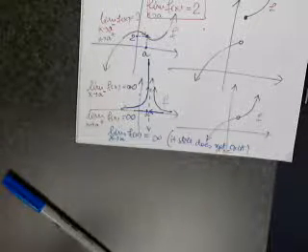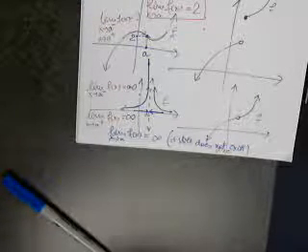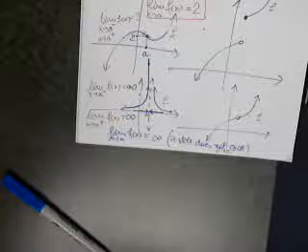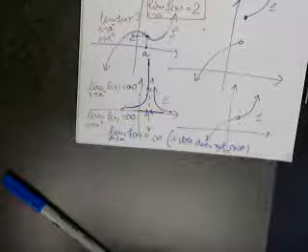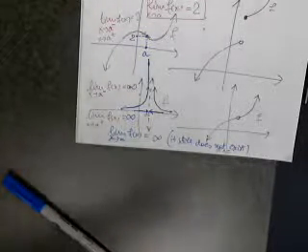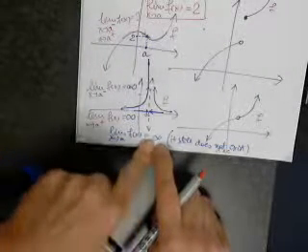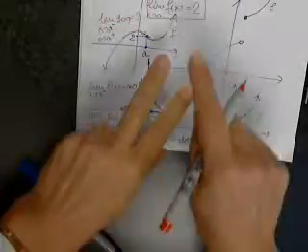What will I have for this situation? From your left to negative infinity, from your right to infinity, but from either side, I cannot write infinity, I cannot write negative infinity, I have to write D and E. This is the only situation in which I write D and E. Although this one is D and E as well, because it's not a number.